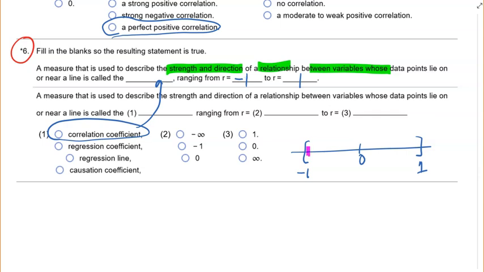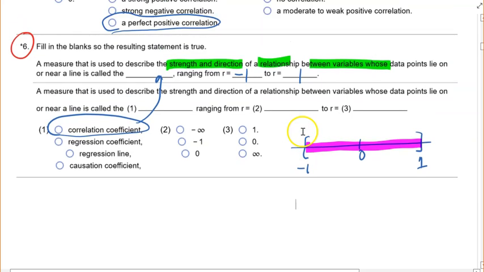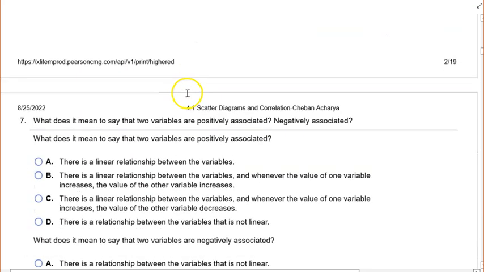This is the possible value of R. Therefore, R value ranges from -1 to +1 and could be 0. If 0, there is no relationship between the variables. Alright, question number 6 is that.